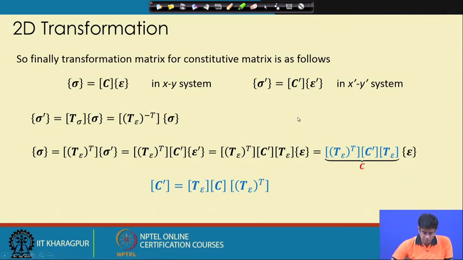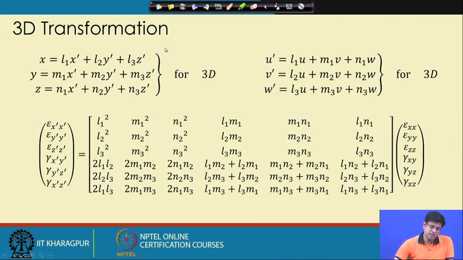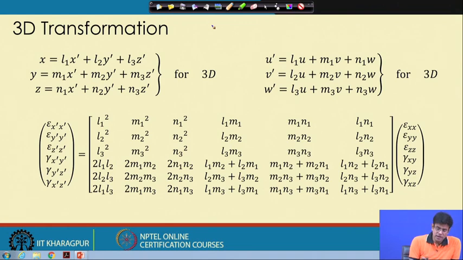The 3D case is very simple. You just have 3 coordinate system where L, M, N are the unit vectors, or the direction components of the direction cosines. So, you write x, y, z in this form, and then you can construct the rotation matrix, which is L1, L2, L3, M1, M2, M3 and N1, N2, N3. So, similarly we can transform the vectors. So, the vectors also we transform in a similar manner.